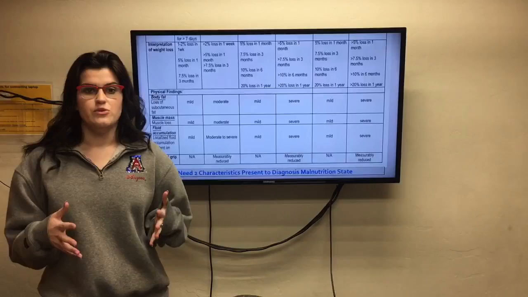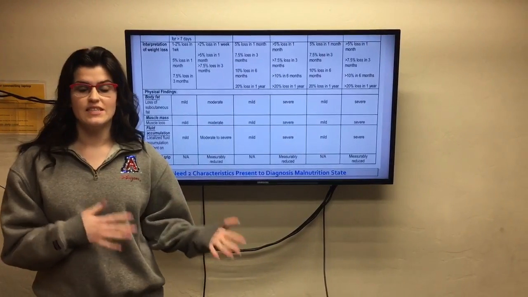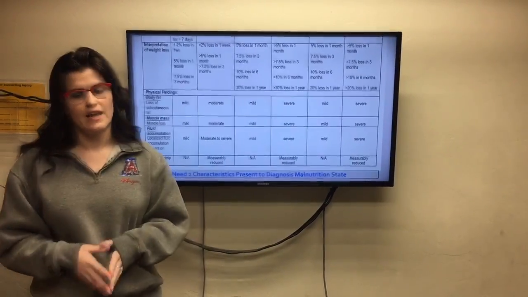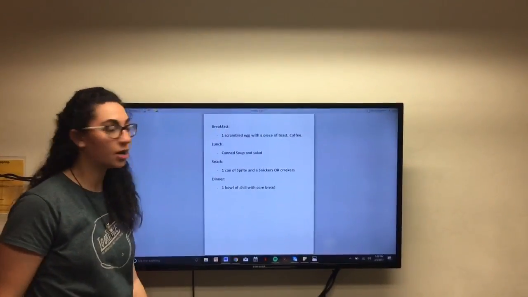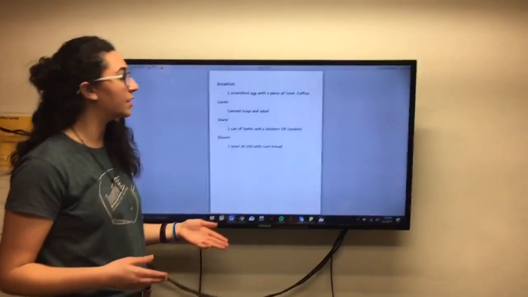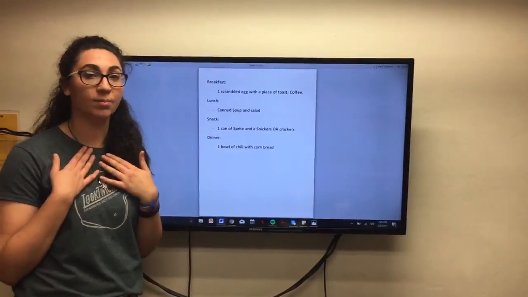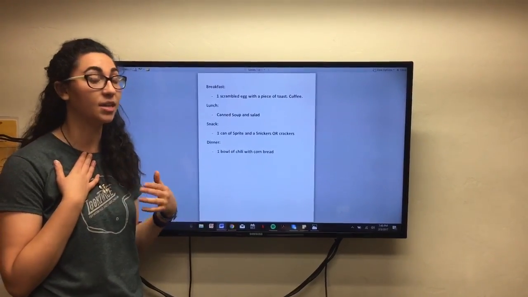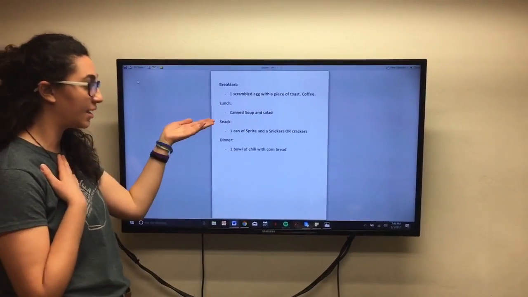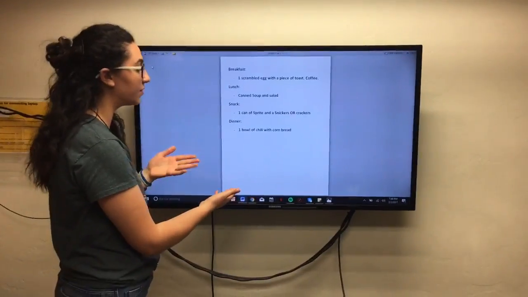And the next thing we're going to interpret is the patient's diet for the diet history and seeing where they fall into that category. So here our patient gave us his 24-hour recall, and he stated to us that since he has throat problems, he has not been eating as much as he normally does. So right here we can see that he has some soft foods like canned soup and chili for dinner.